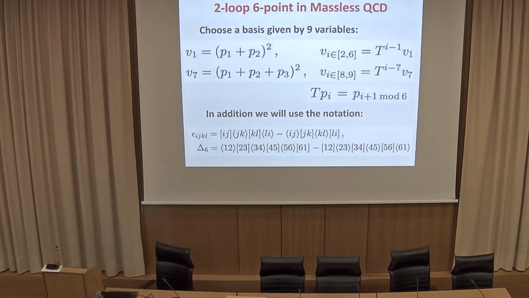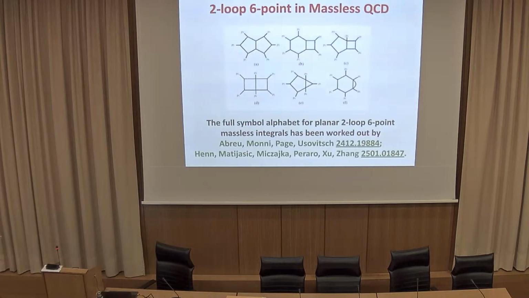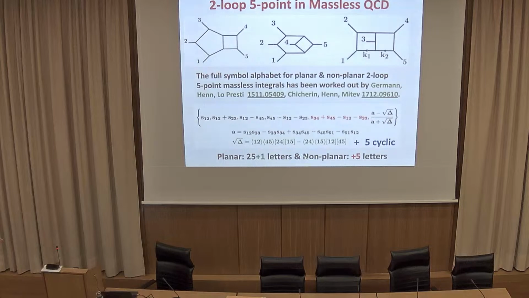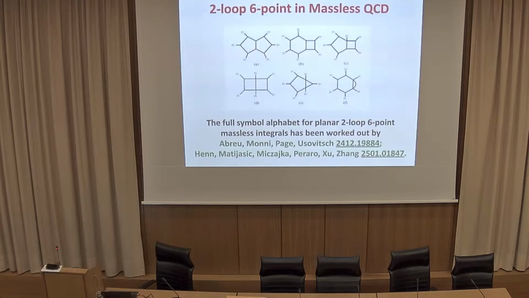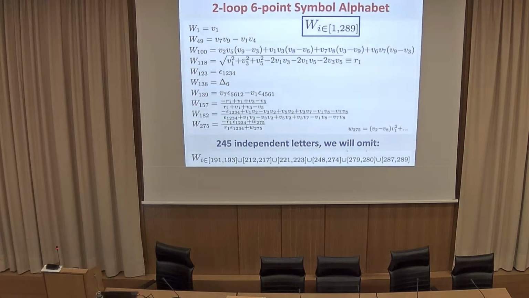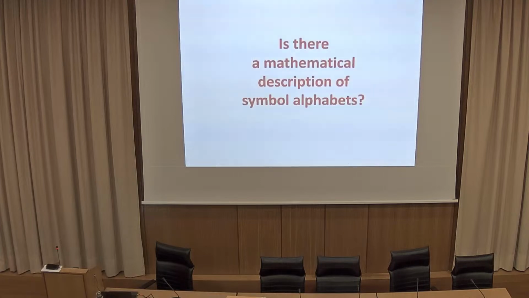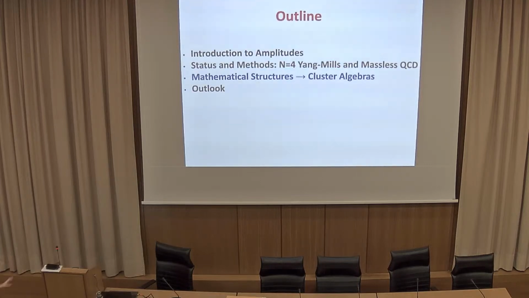So you saw again, for 5 points, it's some compact expression like that. But for 6 points, the answer is again known. It's these 245 letters. So how do you try to analyze this? Well, this brings me to the third part of my talk.